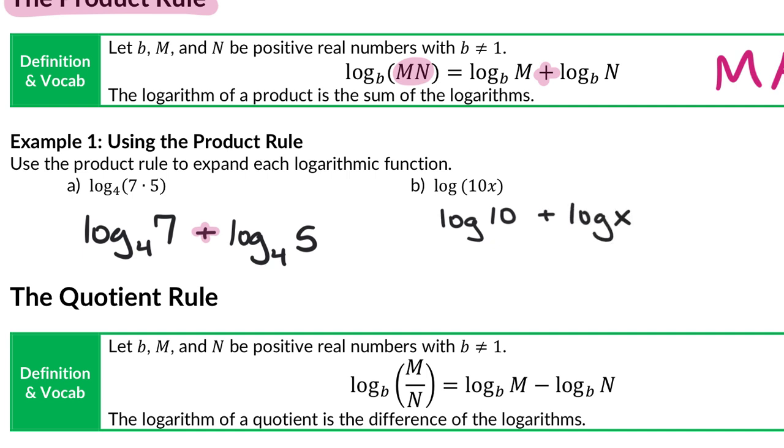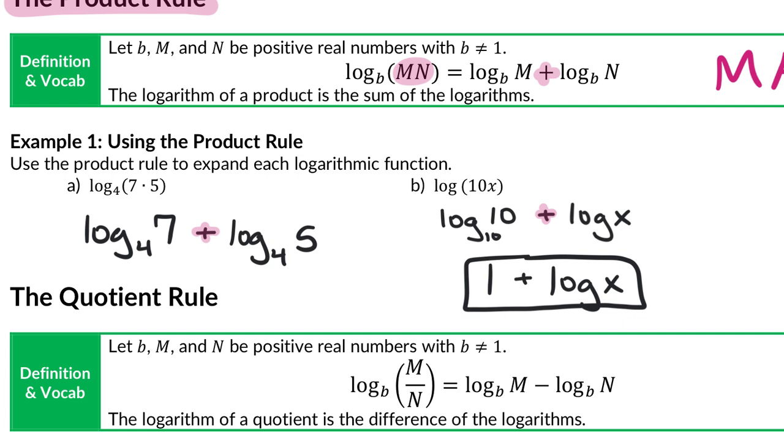Your spidey senses should start to go off, because since this is a common logarithm, it's base 10. Does anyone remember the rule when you had a base and an evaluating number being the same? Log base 10 of 10 is equal to 1. So I can keep going, and I can actually reduce this to 1 plus log of x. That's actually how we would want to expand this.